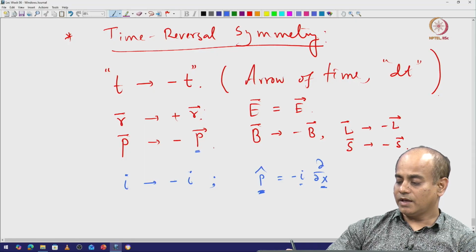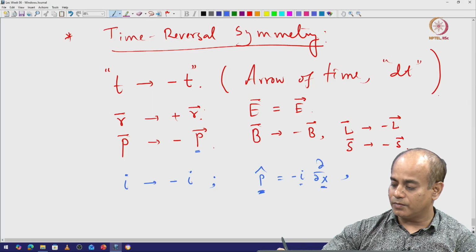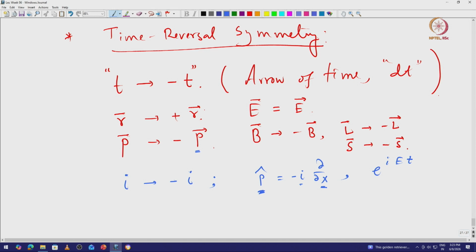Okay. And even the dynamical evolution of a state, as t goes to minus t, the direction of time, the dynamical phase also has to change, and that is being accommodated by changing I goes to minus I, since t does not change.